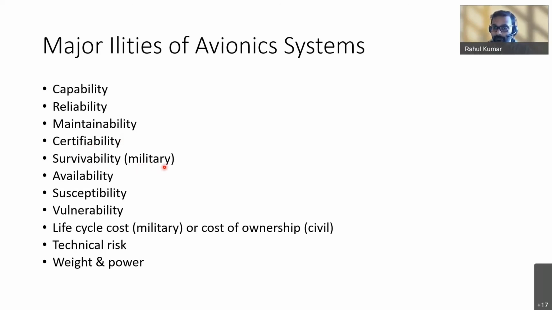Then in the case of military aircraft, the avionic system should also consider survivability: in adverse conditions or at very high speed, whether my avionic system is going to survive or not. Availability obviously is quite important. If you have to replace the avionic system, it should be easily available.